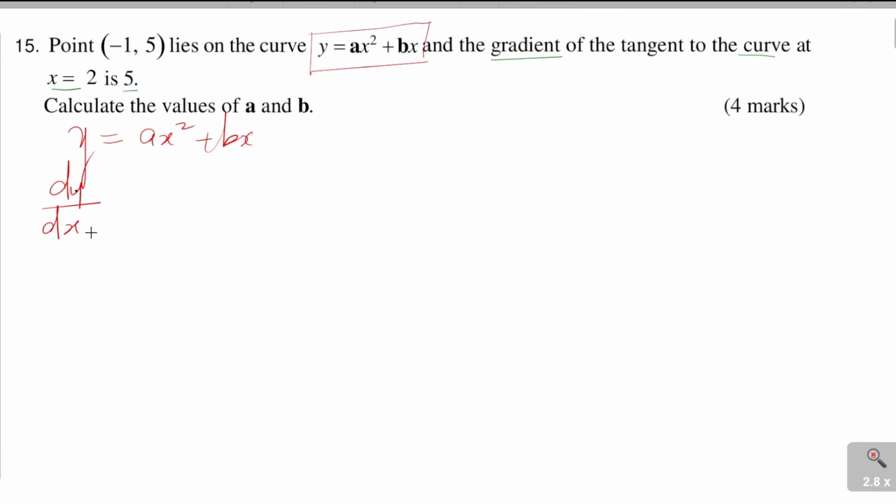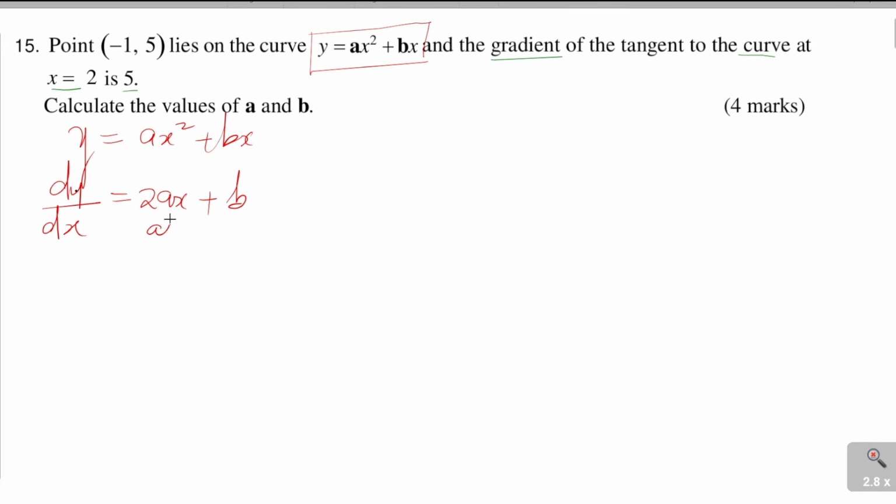So you differentiate this function with respect to x. Differentiating ax², you get 2ax. Then differentiating bx, you get b. So the gradient of the tangent will be given by this function.